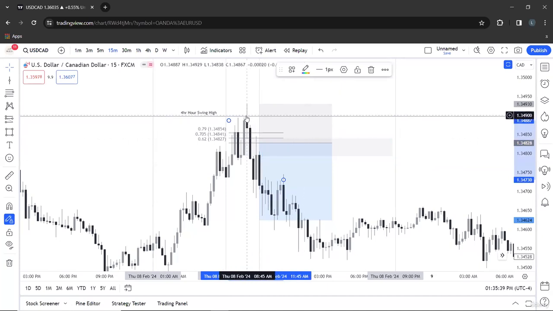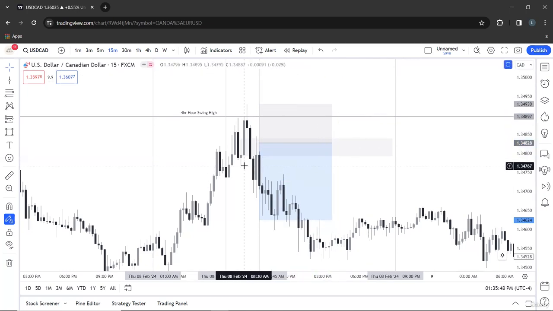But we don't use the leg that broke structure or created the fair value gap. We use a different range, and in a selling scenario, it's the push that made it up to a predetermined institutional level. In this case, it's a 4-hour high. It could be a fair value gap, or it could be another block.